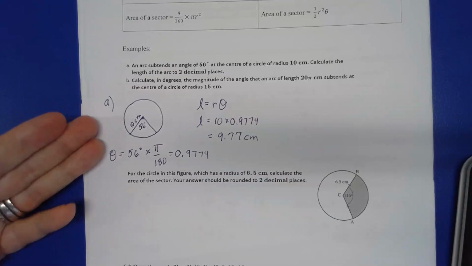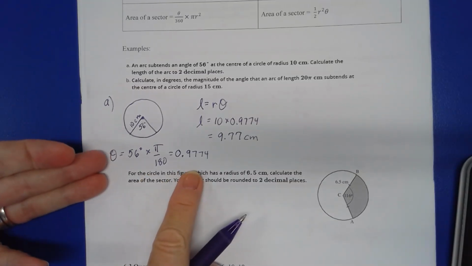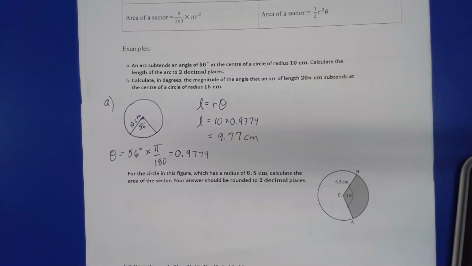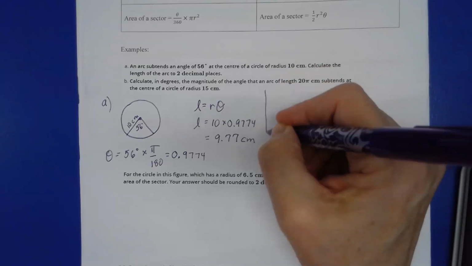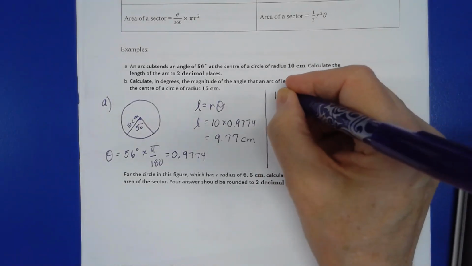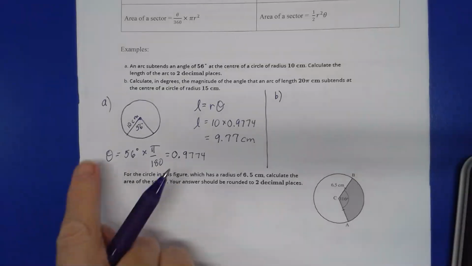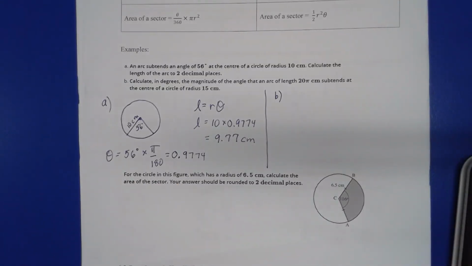Okay, so in these problems, I would turn this into a radian, and then I would just multiply it by the radius. Is that okay? All right, take a note for yourself if you need to. Change to radians, then use the formula.